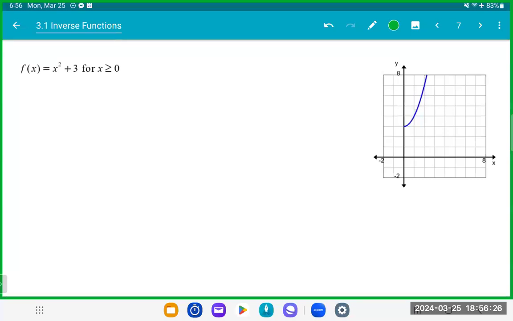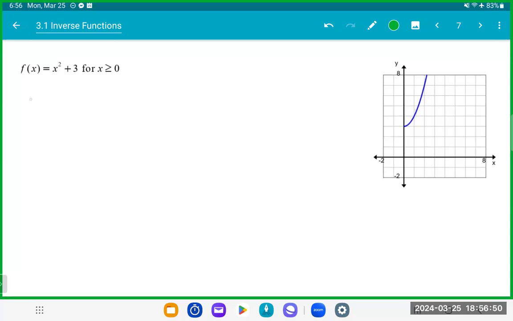So we're restricting our domain for x's, only the positive x's, and therefore this will have an inverse because we're restricting the domain. If we didn't restrict the domain, though, then it would not work because it would not be 1 to 1.